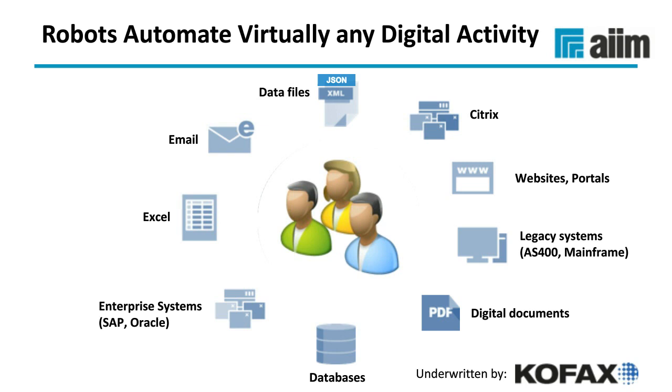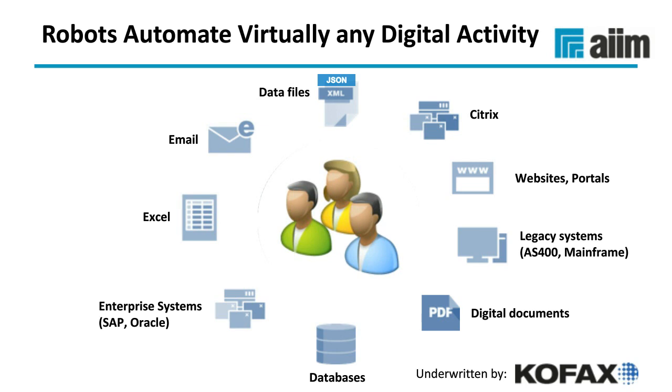So in summary here, as you see the array of various systems that you can connect with, and you think about digital activities in and across these, RPA can automate across all of these regardless of from where and to where data and content is being moved.